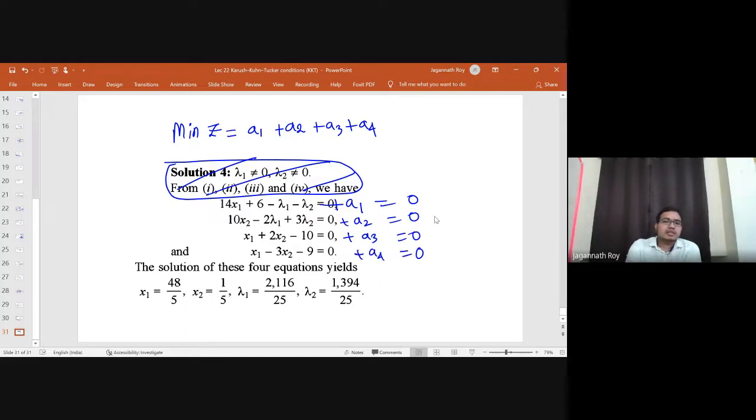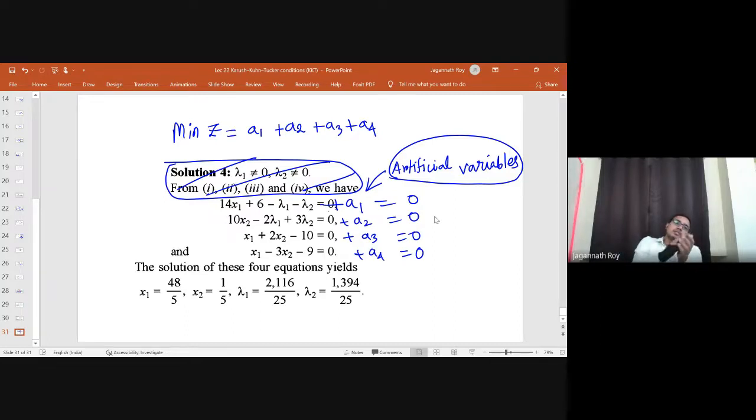Because equality constraints are there, we introduce artificial variables. We have seen these artificial variables in the simplex algorithm as well as in Kuhn-Tucker's method.